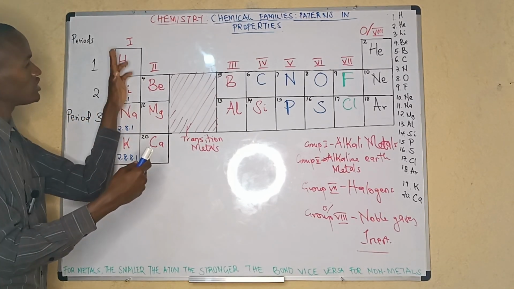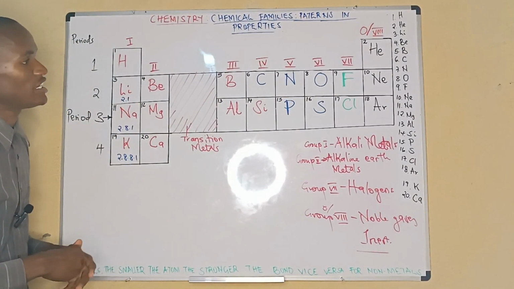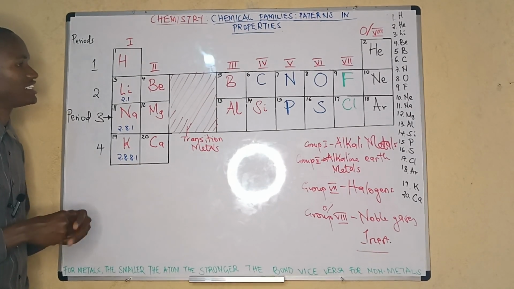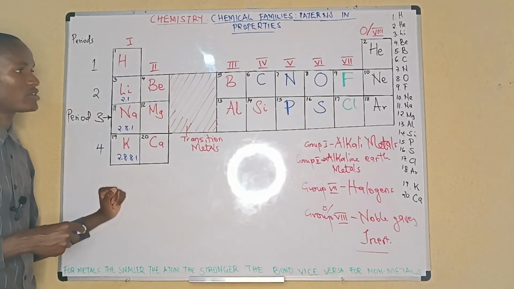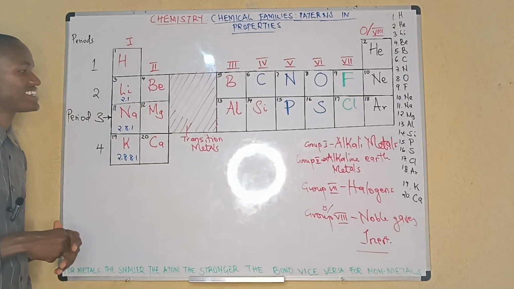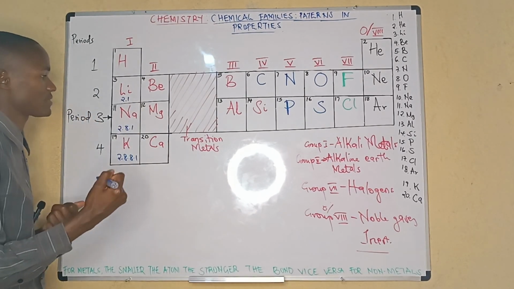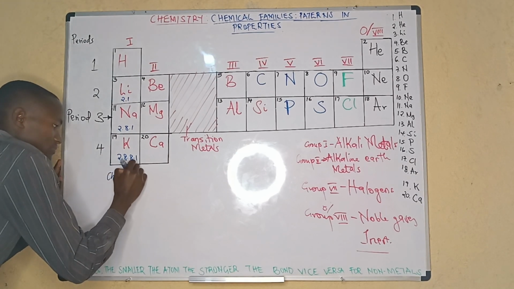That is what is referred to as a group. Each and every column here is a group, and we have just given them names. We'll be looking at each of the groups with their properties, starting with alkali metals. Something else to mention is that a group can be referred to as a chemical family.